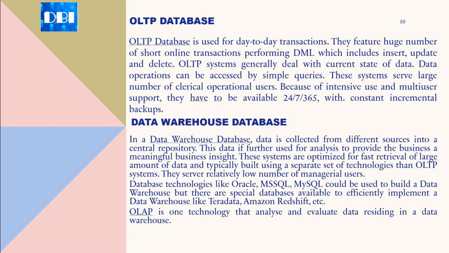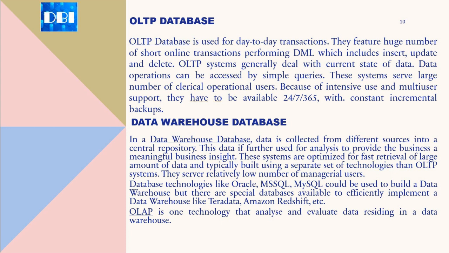Data warehouse database. In a data warehouse database, data is collected from different sources into a central repository. This data is further used for analysis to provide the business with meaningful insight. These systems are optimized for fast retrieval of large amounts of data and are typically built using a separate set of technologies than OLTP systems.